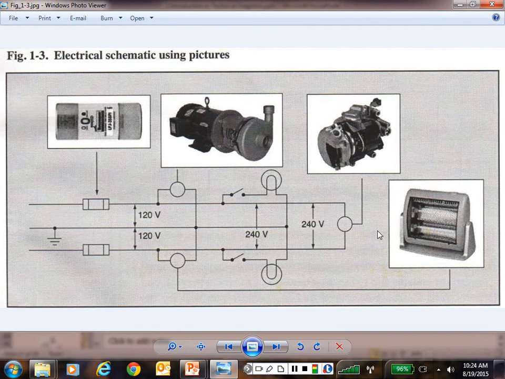This is on page 6. And that's what they do, and they never give the answer in the textbook. Is this a schematic or is this not a schematic? It's kind of a crossbreed. It's using both pictures and it's also using symbols. Are we okay?